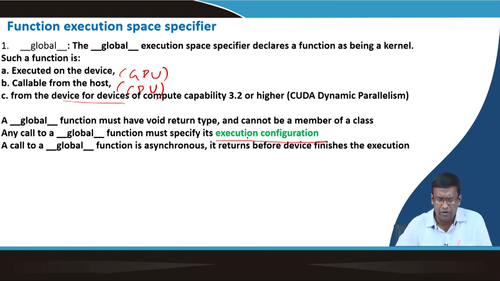A call to a global function is asynchronous, and that is important, because multiple threads will be launched. When a synchronous function is called, it ensures that all the threads are executed, and only then is the next statement executed by the program. But in the case of a kernel call, it is not ensured that all the threads are executed. It launches the kernels. Depending on the GPU scheduler, the threads will become active and do the computation.